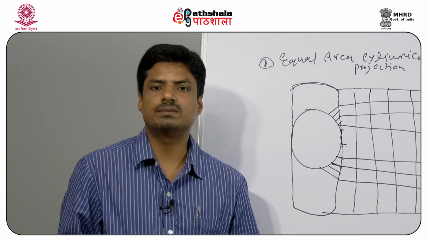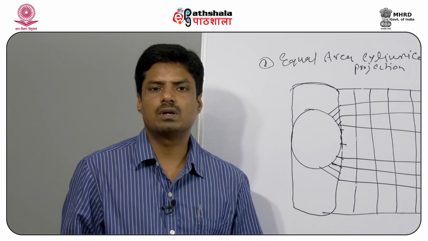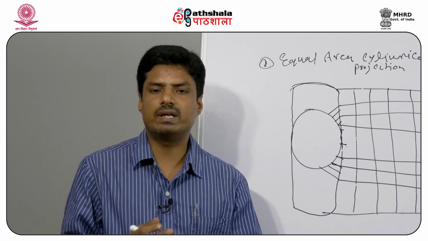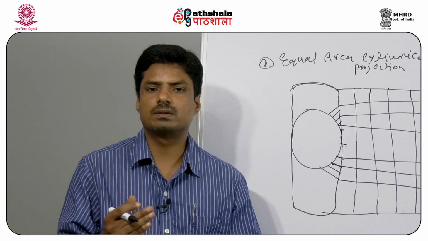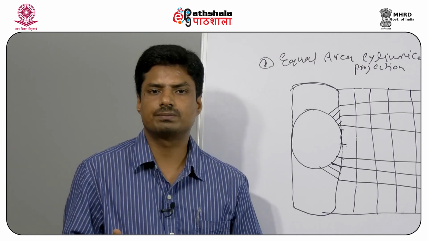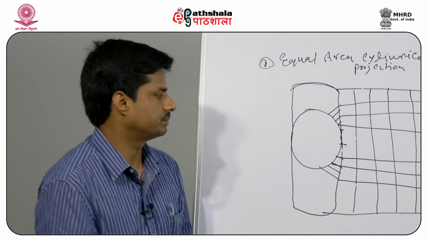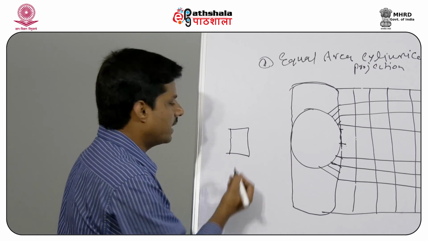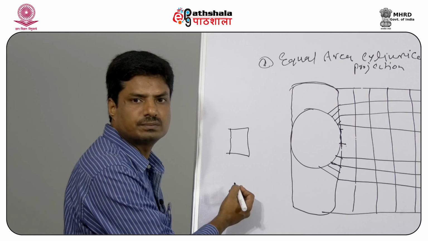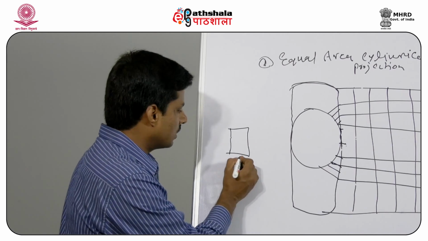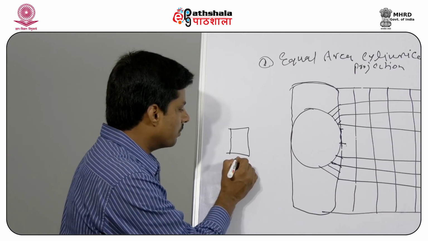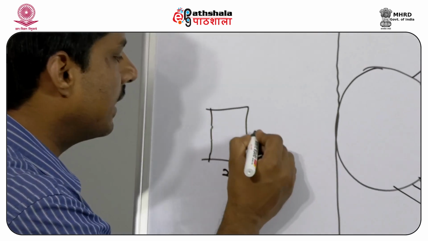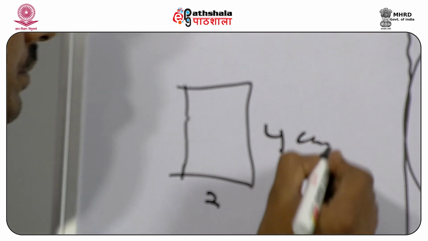When we talk about the shape, the geometry or the relationship between two things should not be changed. I will give you an example. Here we are having a rectangle. The breadth is 2 centimeter and the length is 4 centimeter.